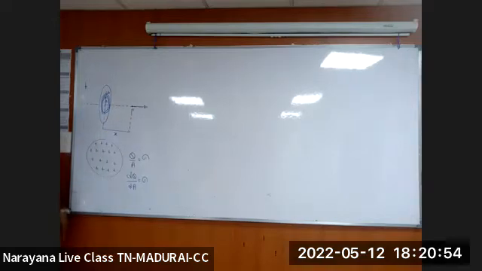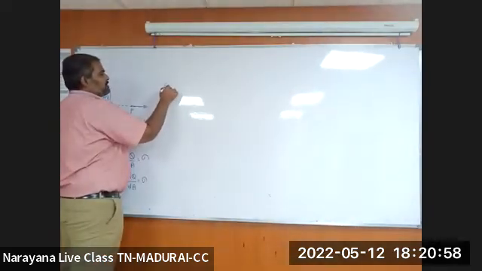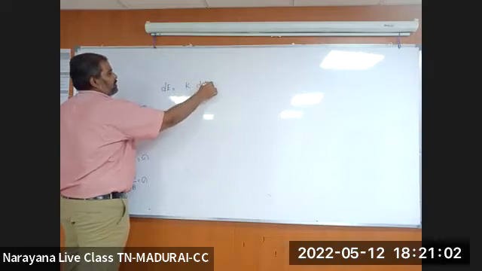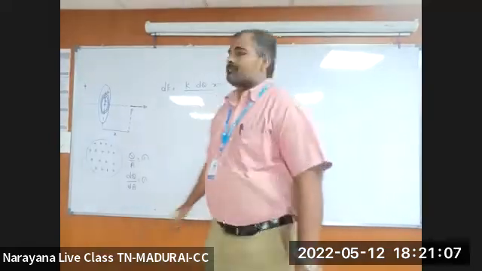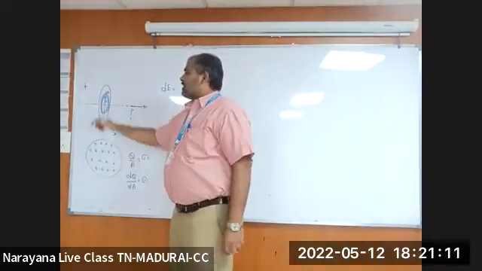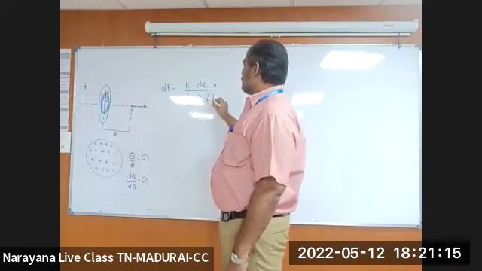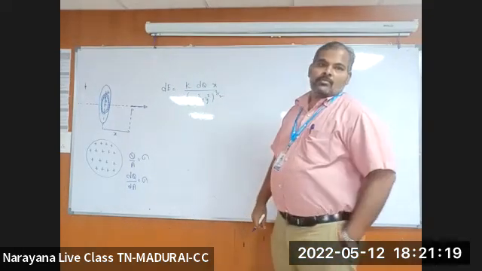And you know the ring formula also. The electric field due to a ring, dE is equal to how much? K into charge on the ring into x, divided by x square plus y square, whole power 3 by 2. This is the formula.